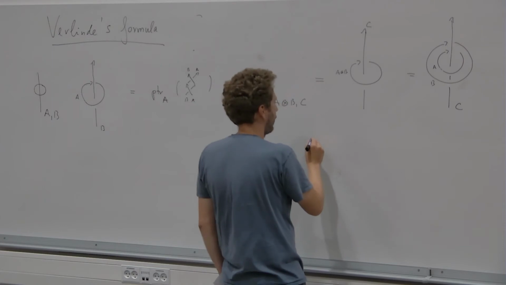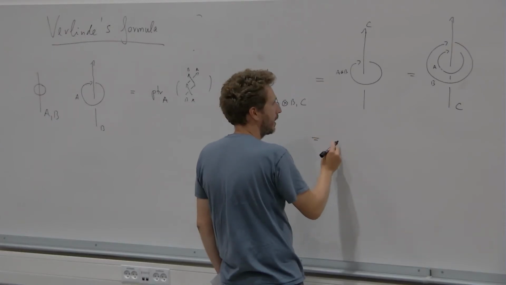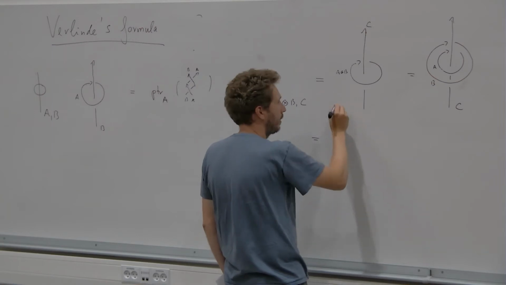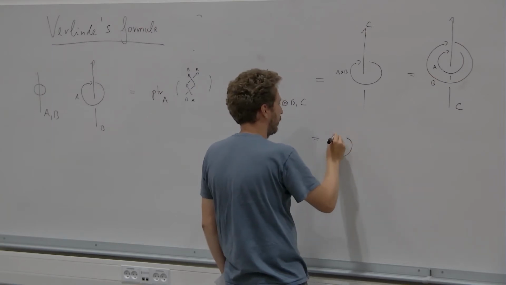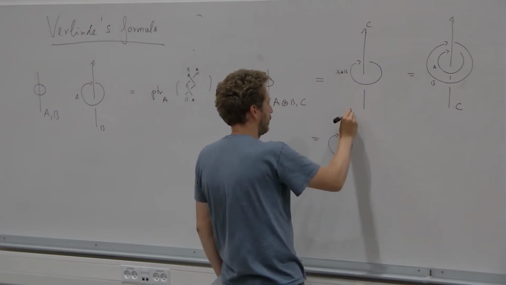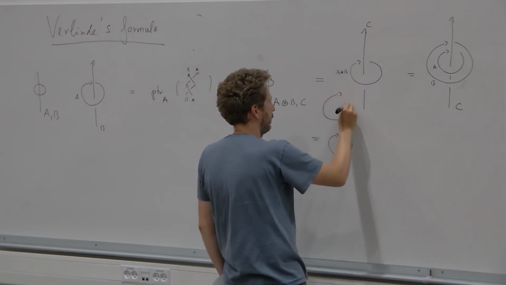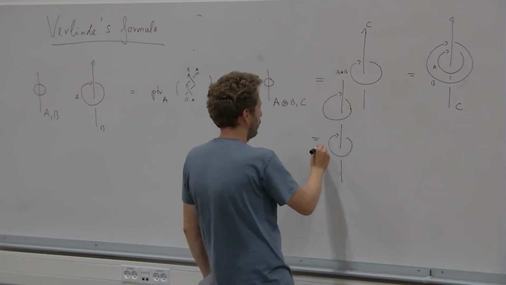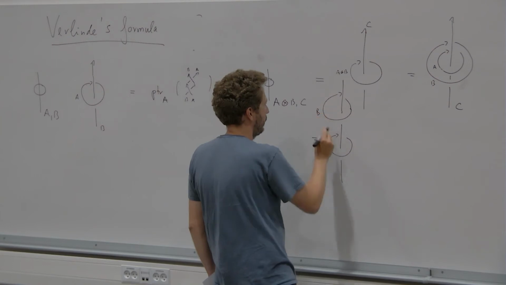So I get automatically that this is the same as the Hopf-link corresponding to A, and then composed with the open Hopf-link corresponding to B.